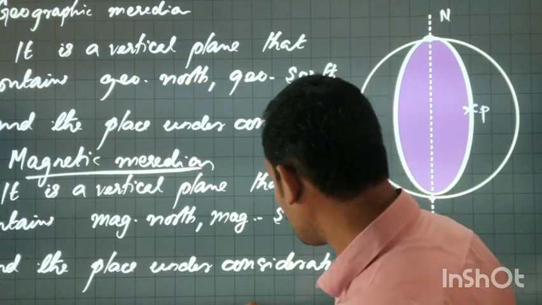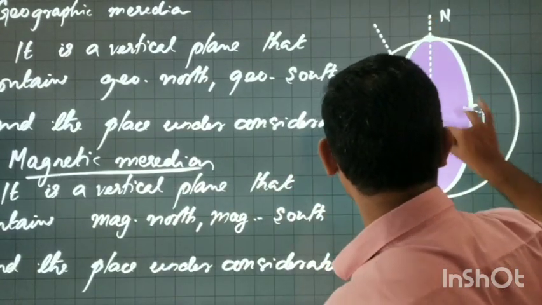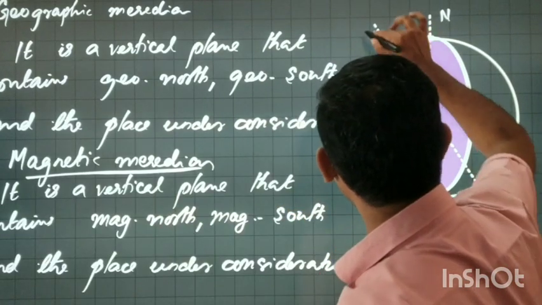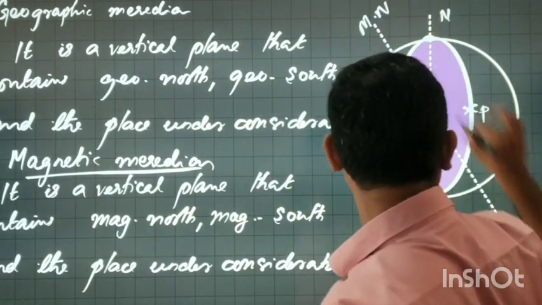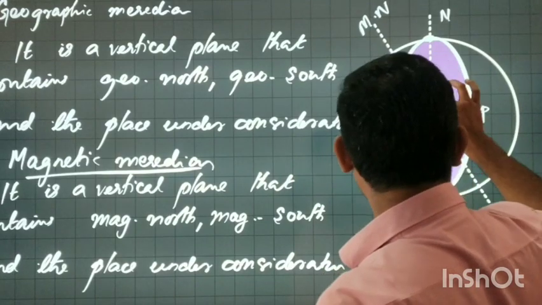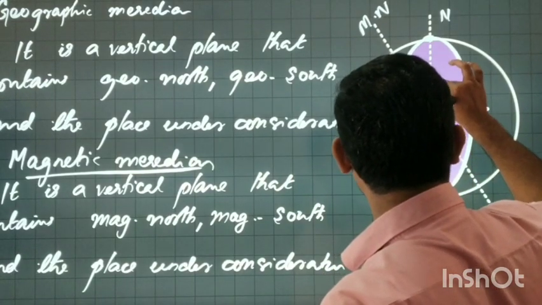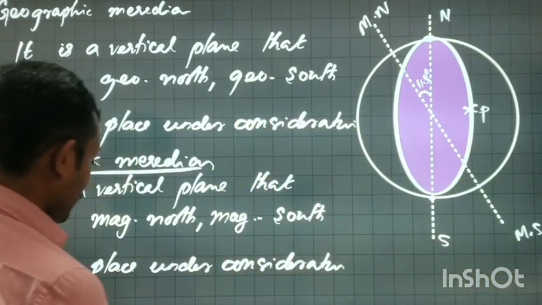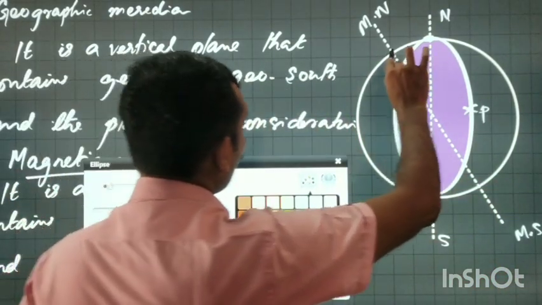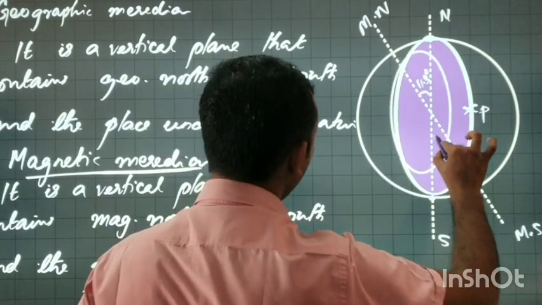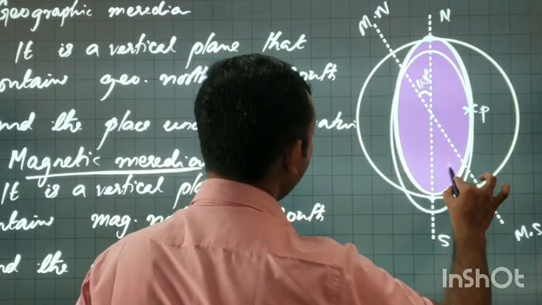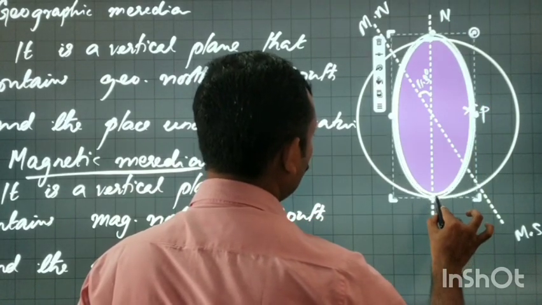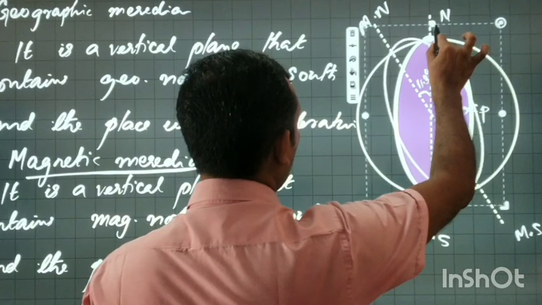Let me show the magnetic axis also. This is magnetic north, this is magnetic south. Now as per NCERT, this angle is 11.3 degrees. Okay, now let me make the meridian. Now I am going to rotate it.